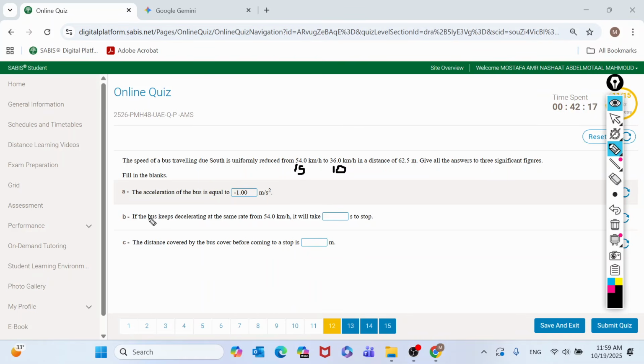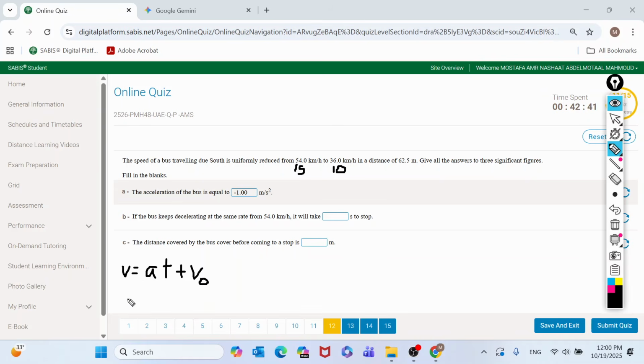Okay. The bus keeps decelerating at the same rate from 54 kilometers per hour. It will take how many seconds to stop? This is the one where you use the other formula. I made a mistake. Okay. So here you use V equals A T plus V0.